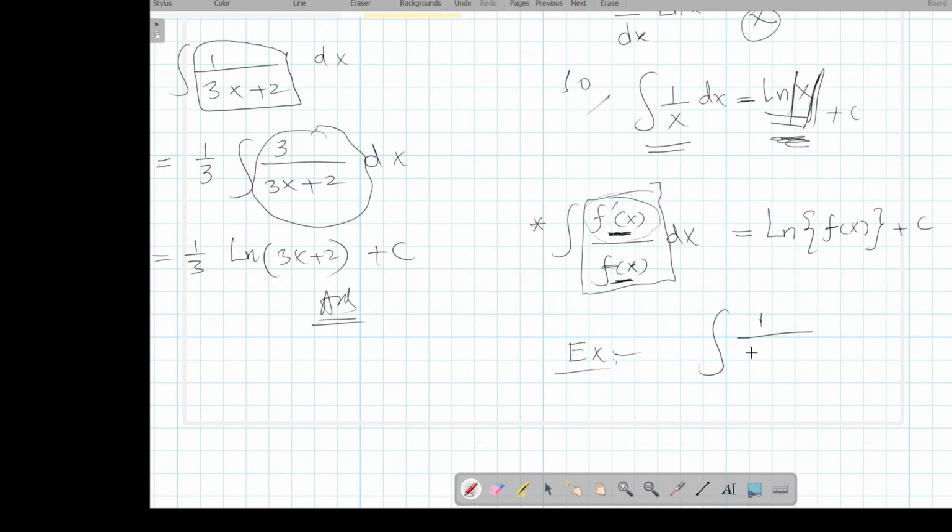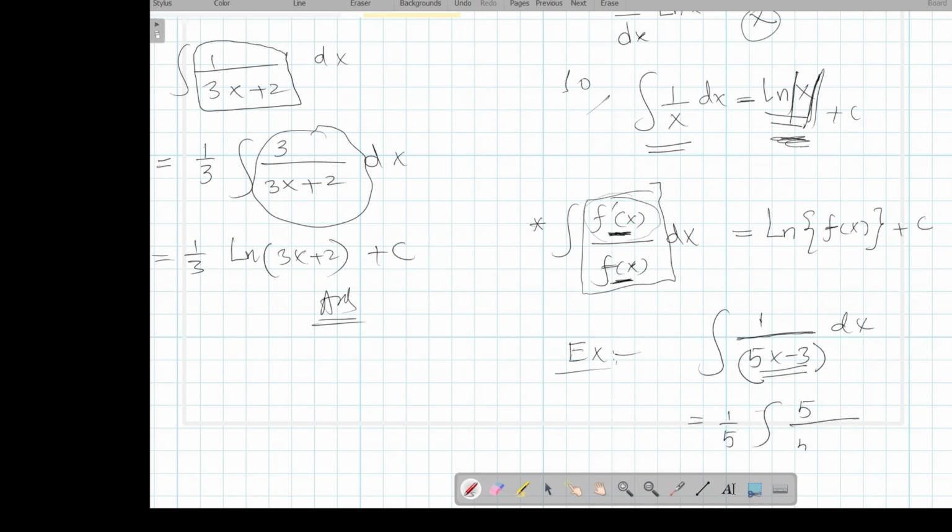For example, we have to integrate 1 over 5x minus 3. So you have to see what the derivative of the denominator function is. What is the derivative of the denominator function? 5. Is 5 available in the numerator or not? No. So what you'll do is divide by 5 and make it available here.